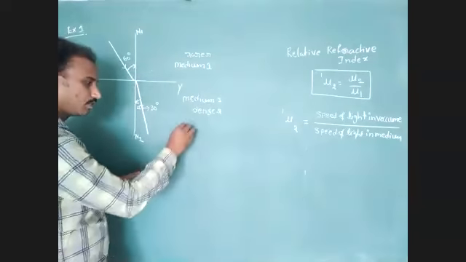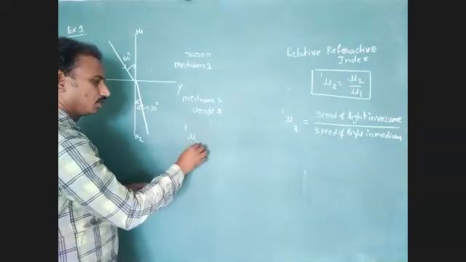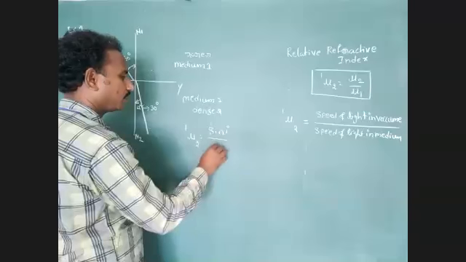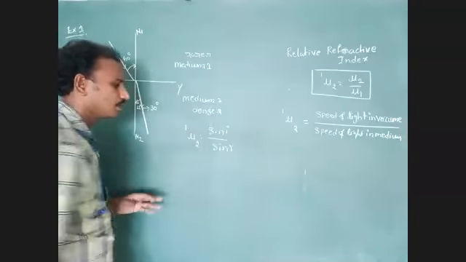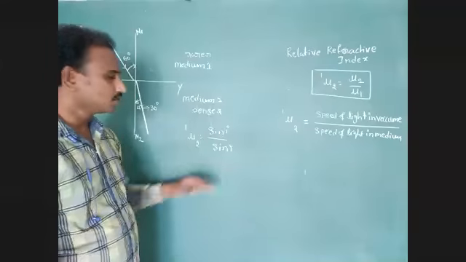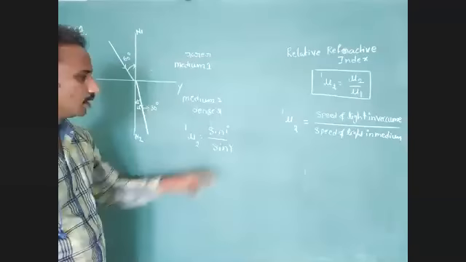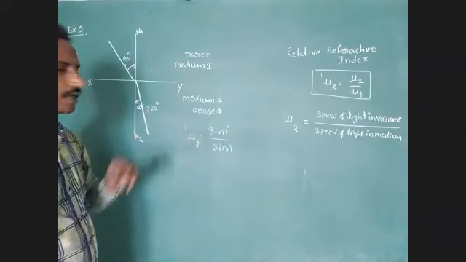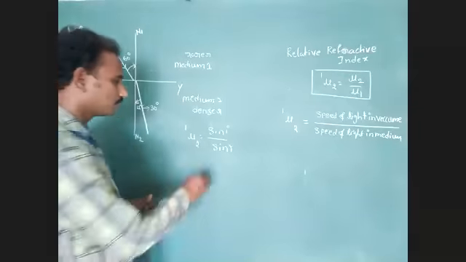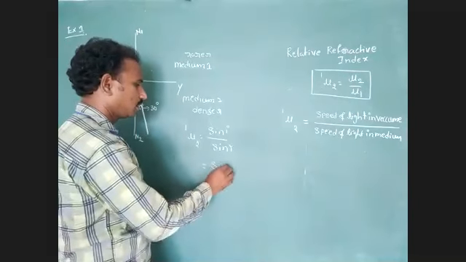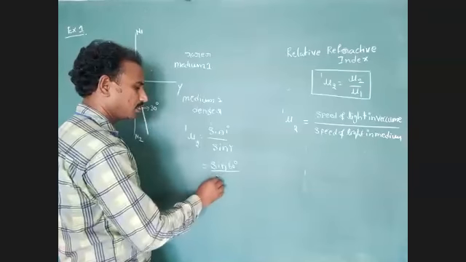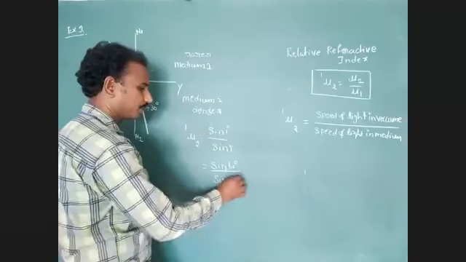Okay, so just identify: 1mu2 equals sin I divided by sin R. Here I represents the angle of incidence, R represents the angle of refraction. Substitute here: sin I value, how much? sin 60 degrees divided by sin 30 degrees.